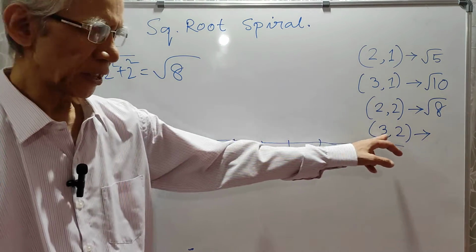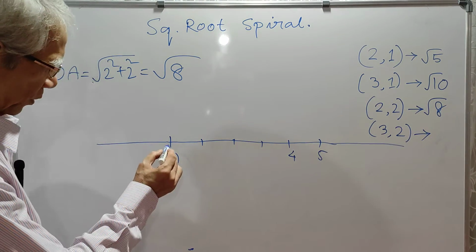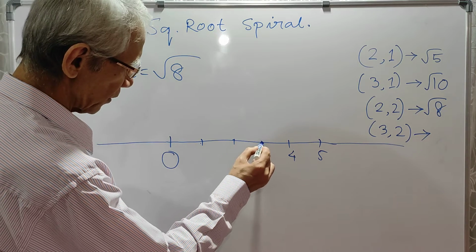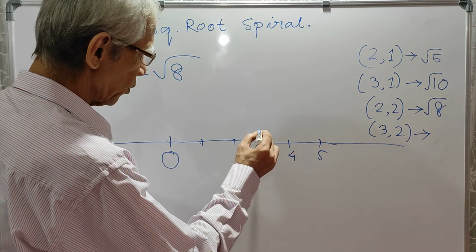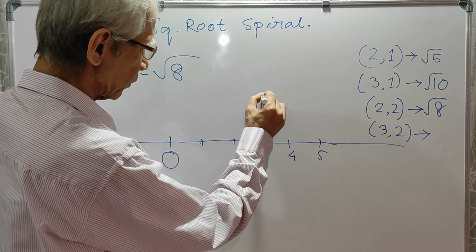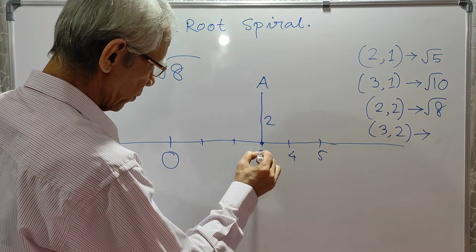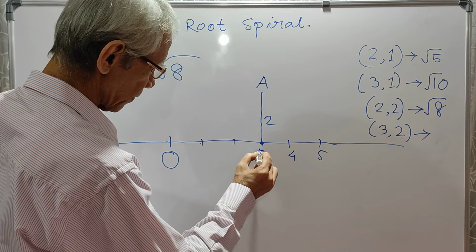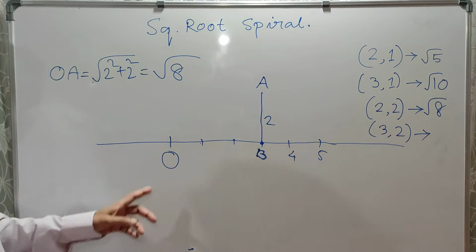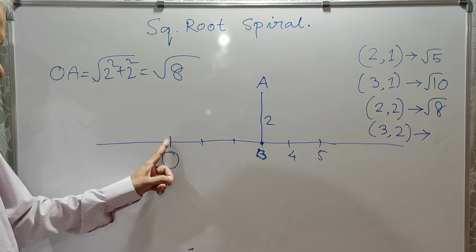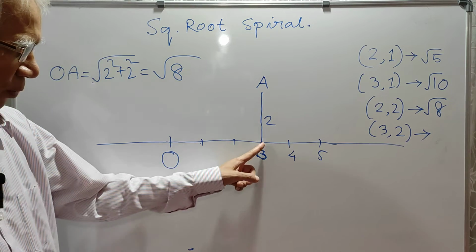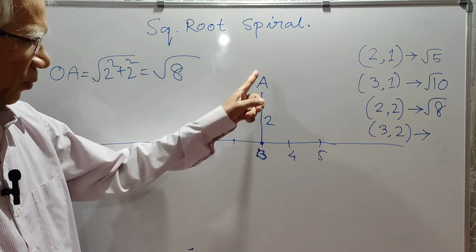Now we are going to take the ordered pair 3, 2. So this is 1, 2, 3. This is 3. Alright? And 2. So suppose again this is A, this is B. This O indicates 0, this is 1, this is 2, this B indicates 3, and this BA.